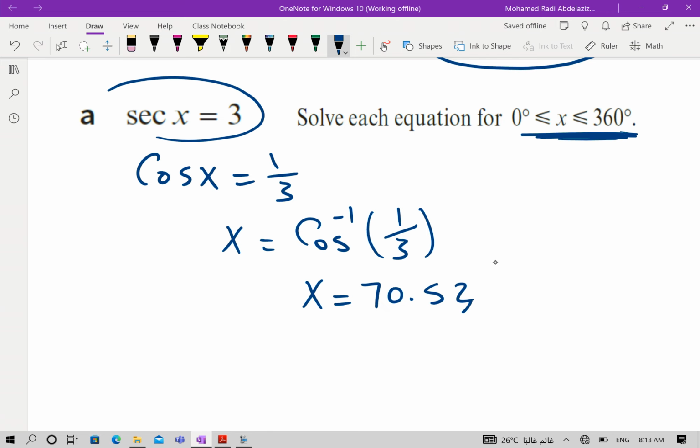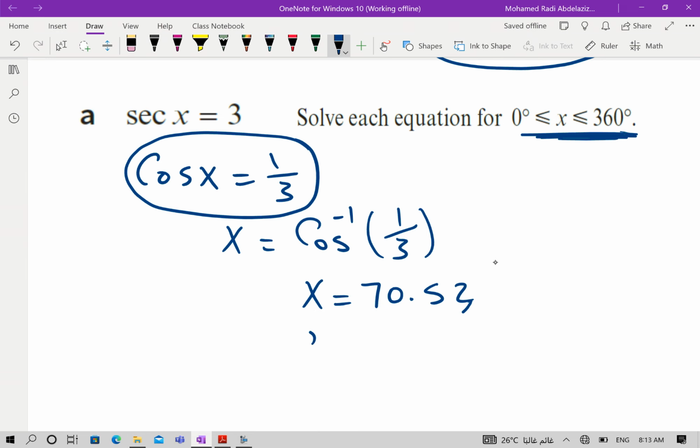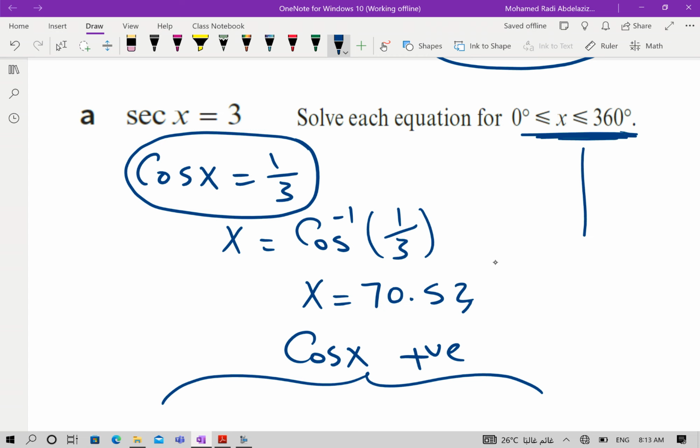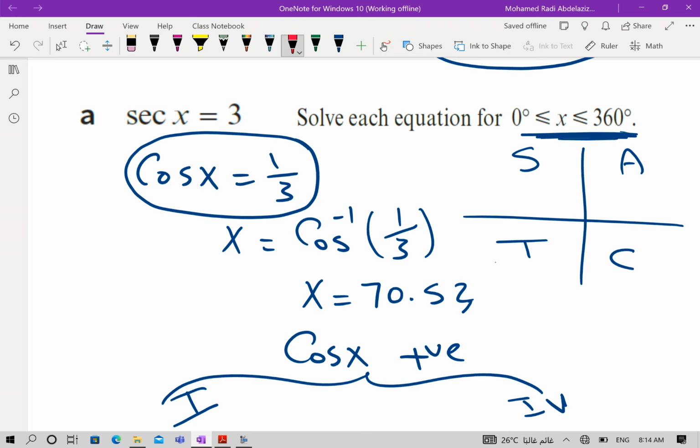If you go back to the original equation, whatever cosec or sec or cosine, I go back to this equation. Cosine given positive or negative? Positive. Cosine positive in which quadrant? First and the fourth. If the angle lies in first, it will be x.